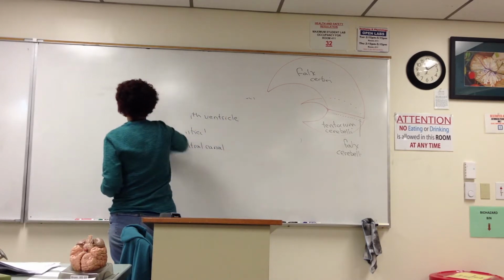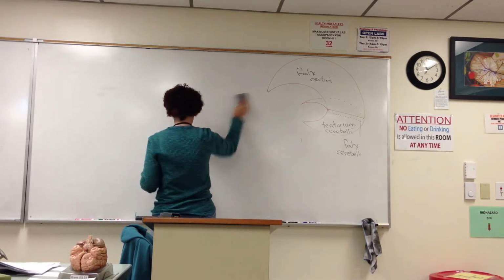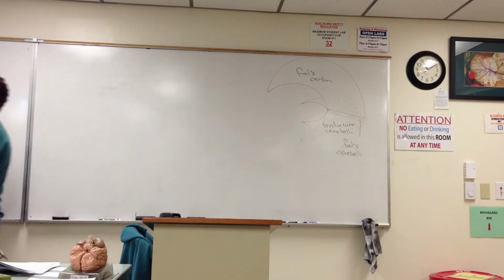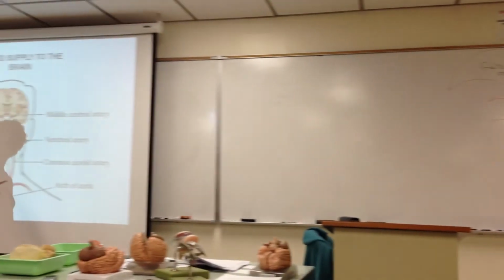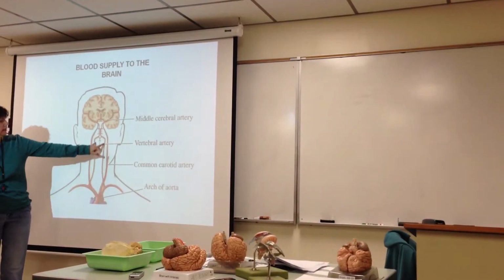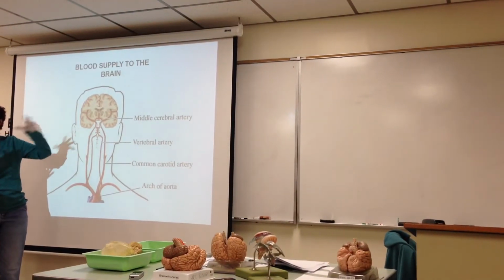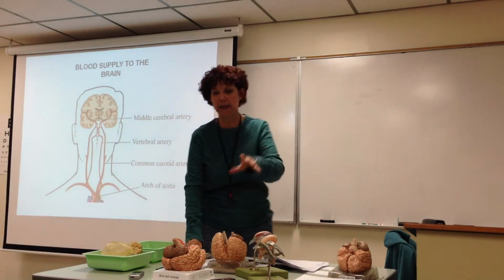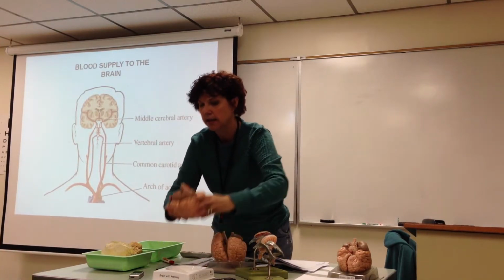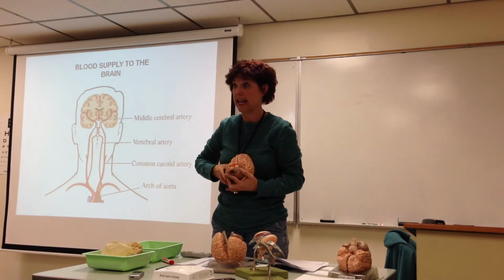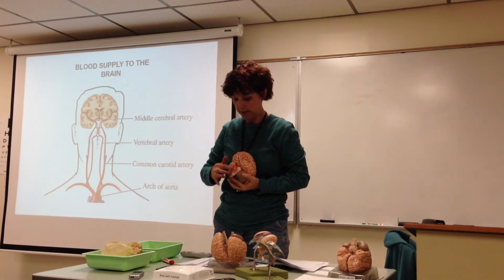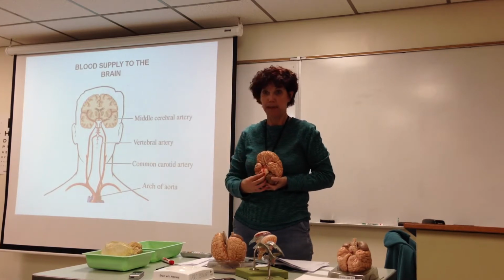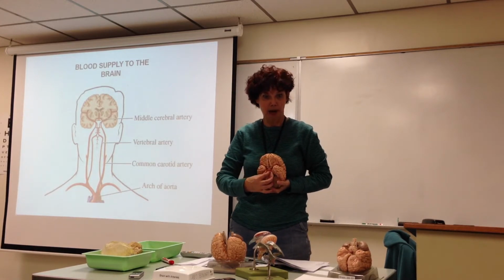So let's look at, it's a little difficult at first because we're putting a three-dimensional structure on a flat surface. But here are the two vertebral arteries. And they come together on the anterior surface of the brain. And so on this model that I borrowed from next door, because we do this again when we get to 431, here's the anterior ventral surface of the brainstem, the medulla, and the pons.